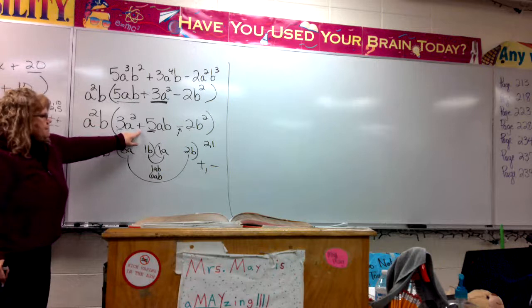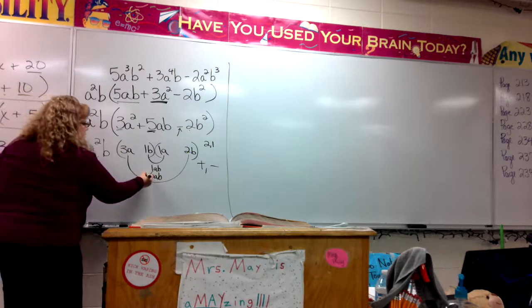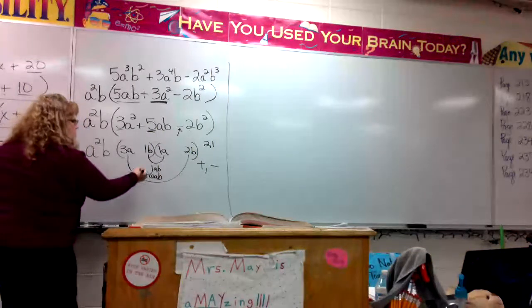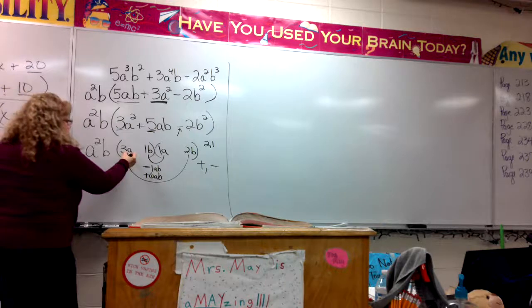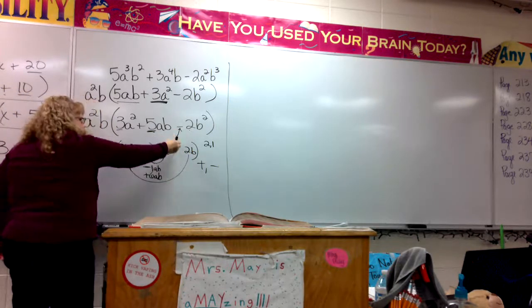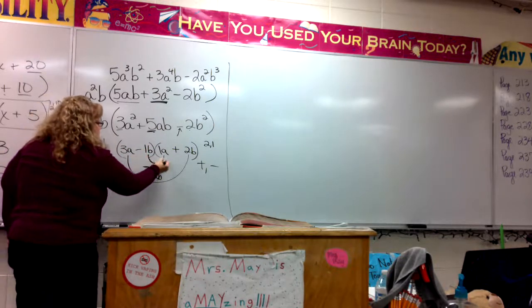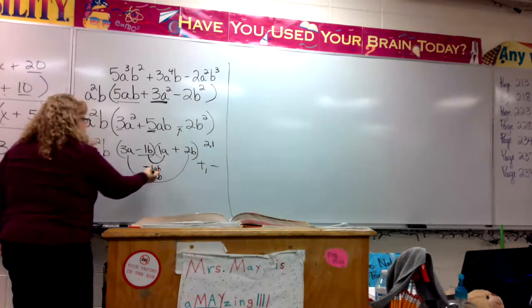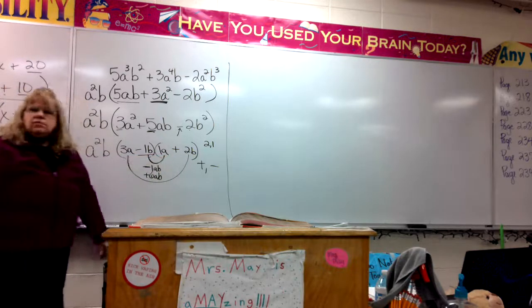The bigger combination has to be positive. 6ab is the bigger combination, so that has to be the positive, and this one would have to be the negative to make it negative 1ab. Right? BA, AB, same thing.